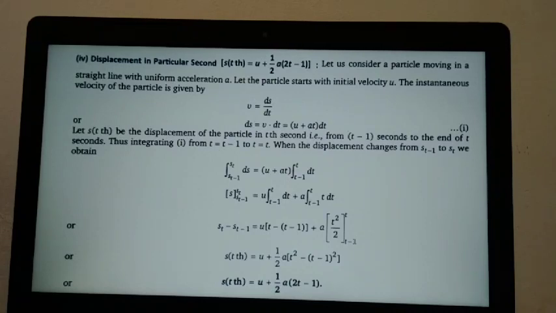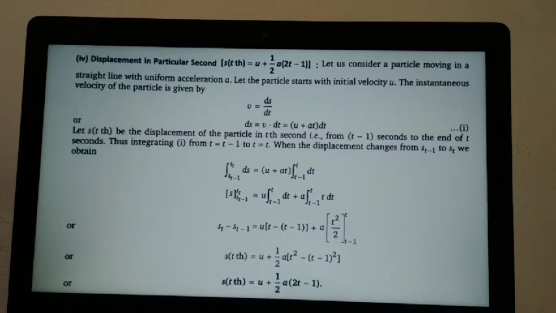So integration is on, there is a slight variation there. In that integral equation, it is printed as integral s(t minus 1) to s(t) ds is equal to (u plus at) into integral t minus 1 to t dt. But that u plus at also should be there inside the integral sign.